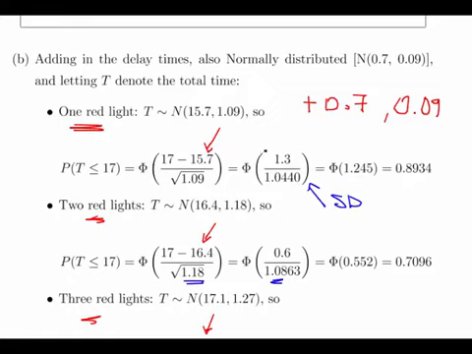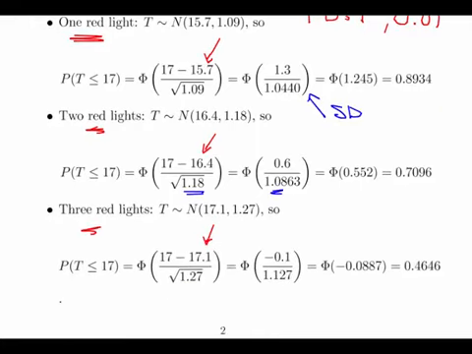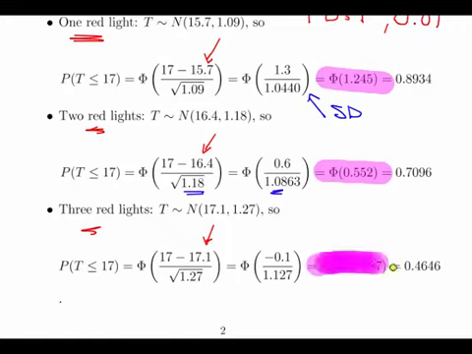So essentially what we have here is 3 phi functions, and these correspond to the 3 probabilities for the 3 scenarios. The phi function of 1.245, the phi function of 0.552, and the phi function of minus 0.0887.